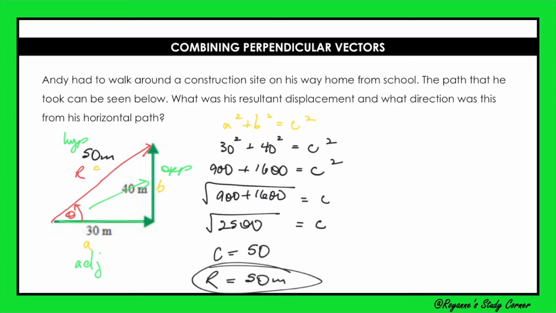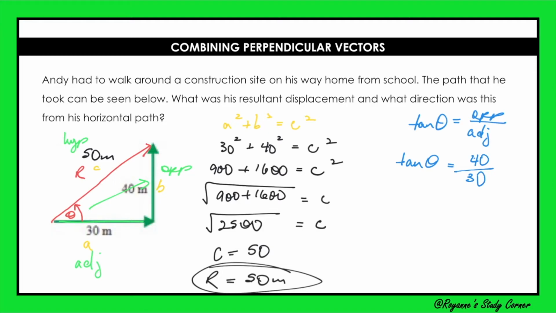So I realize, hey, tan has both opposite and adjacent. So that means I can say tan theta is equal to opposite over adjacent, which means tan theta is equal to 40 over 30.